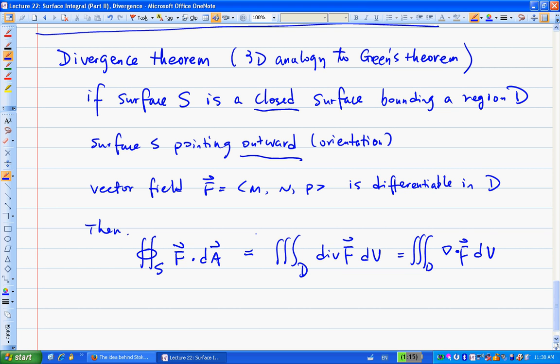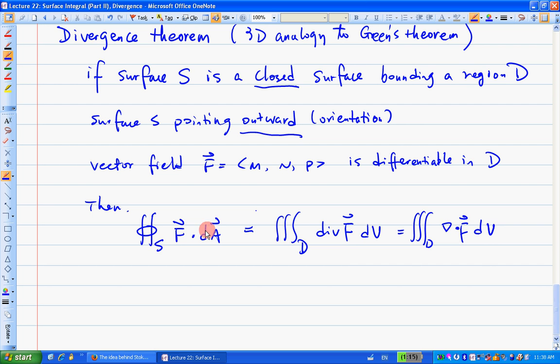You look at this theorem, and it's actually not bad. You have a surface integral on one side, and on the other side a triple integral. And what are we integrating? Just simply look at the mathematics: you're integrating del dot F over D. If F is given, then del dot F can be easily calculated. Then it's a typical triple integral.